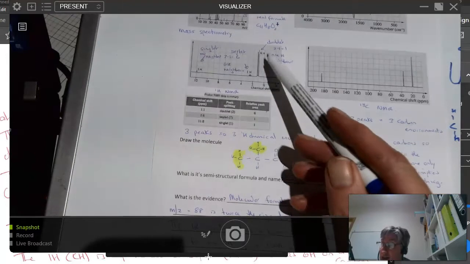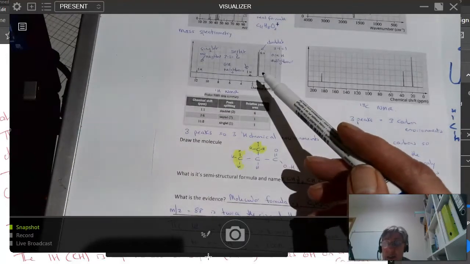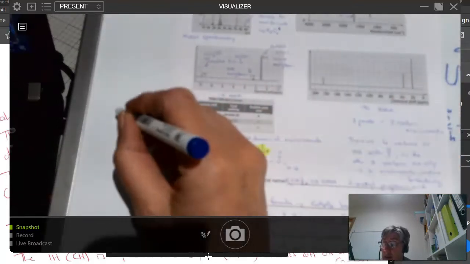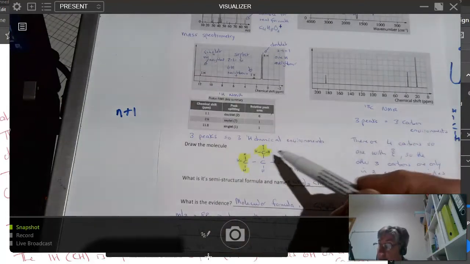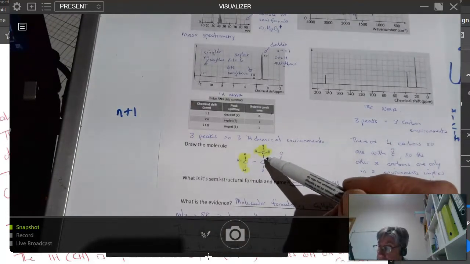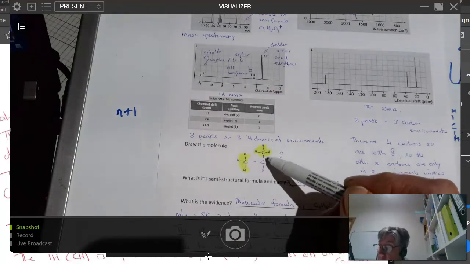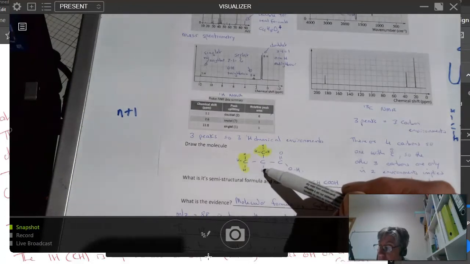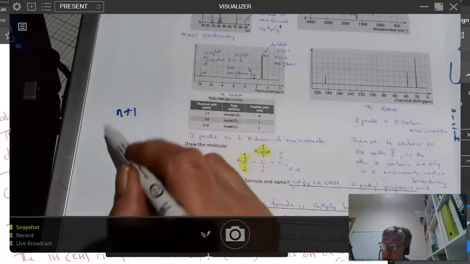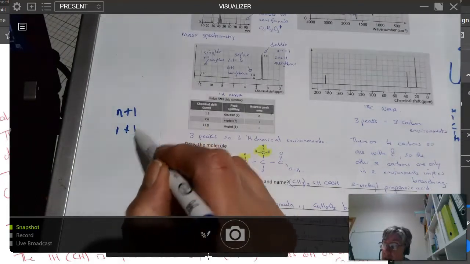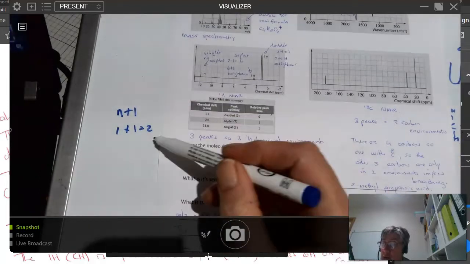And the reason that it's got a doublet is because of n plus 1, the number of hydrogens on the adjacent carbon. If we had 1 hydrogen on the adjacent carbon, then 1 plus 1, we have 2 peaks.